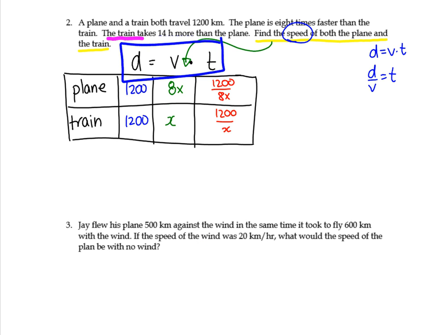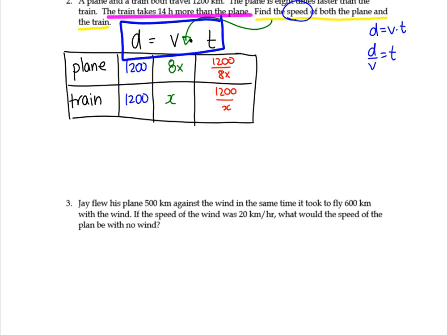The train takes 14 hours more than the plane, so be very careful about that. What's the relationship then? Whose time plus 14 equals whose time? So you said the time for the train plus 14 equals the time for the plane. Does that make sense?